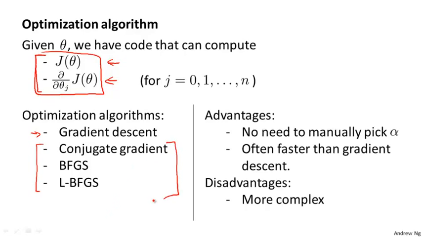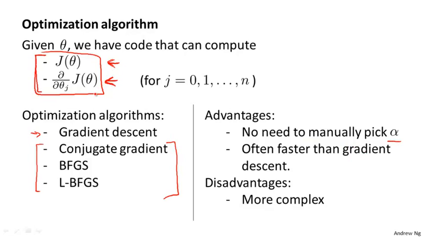These three algorithms have a number of advantages. One is that with any of these algorithms, you usually do not need to manually pick the learning rate alpha. So one way to think of these algorithms is that, given a way to compute the derivative and the cost function, you can think of them as having a clever inner loop.